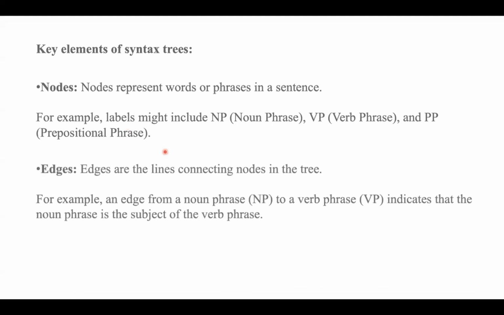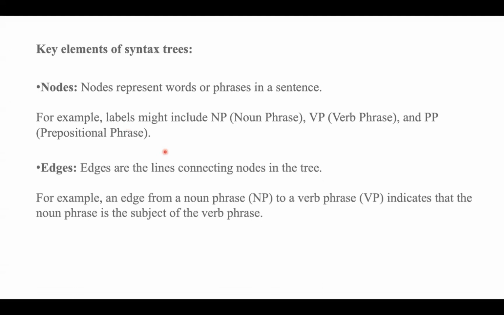And the second one is the edge. Edges are the lines connecting nodes in the tree. They mainly indicate the relationship between words and phrases in the sentence, that is, how words are related to each other. For example, an edge from a noun phrase to a verb phrase. Suppose we have a noun phrase followed by a verb phrase.